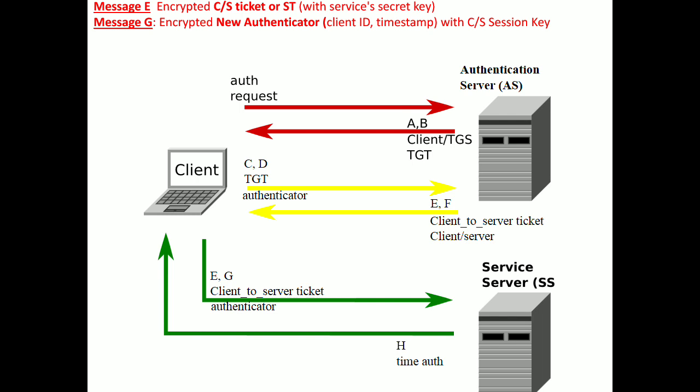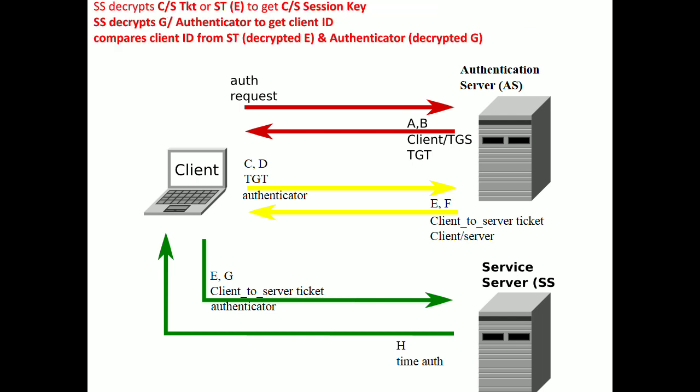The earlier authenticator was used between the client and the TGS for mutual authentication. This new authenticator contains the same information, that is the client ID, IP and timestamp, and it is encrypted with the session key which will be used between the client and server. Again, this session key is not known to the server up till now, and it will only be known to the server if it is able to decrypt the service ticket, because the service ticket contains this session key.